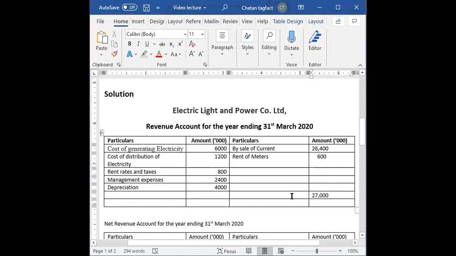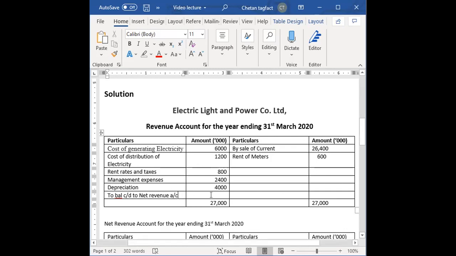So I take the same total onto my debit side as well, and I get a balancing figure here, and this amount will be transferred to the net revenue account to balance carried down to net revenue account.